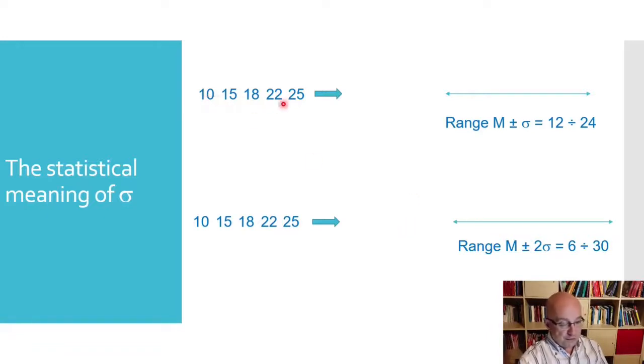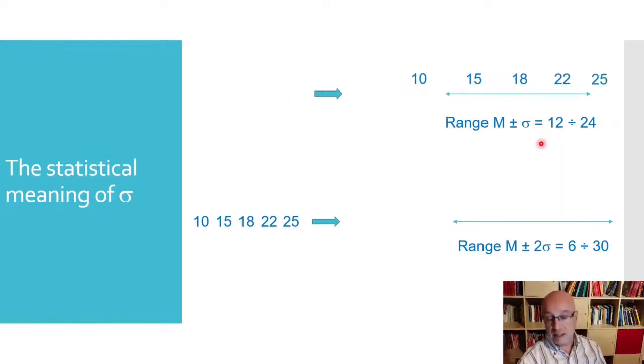So we have here the 5 numbers, and this is the first range from 12 to 24. So what is the expectation? That 3 of these 5 values fall within the range. 10 is outside of the range because it is lower than 12. 15 falls within the range. 18 falls within the range. 22 falls within the range. 25 is outside of the range because it is higher than 24.